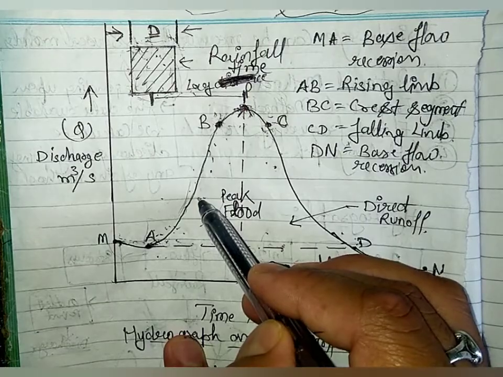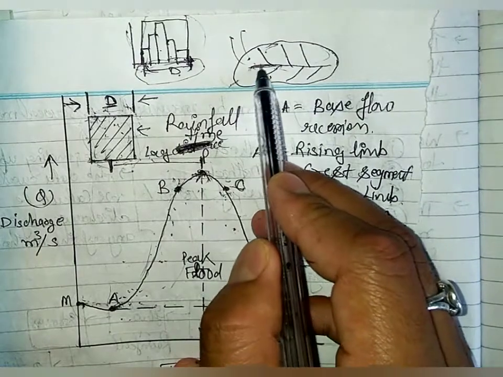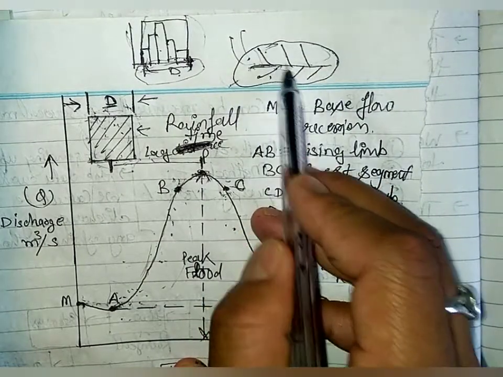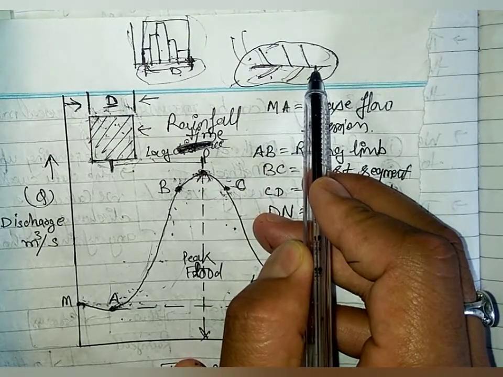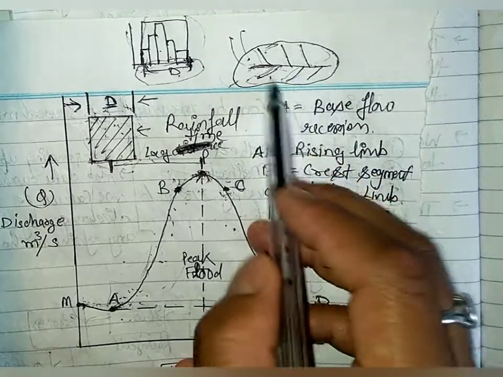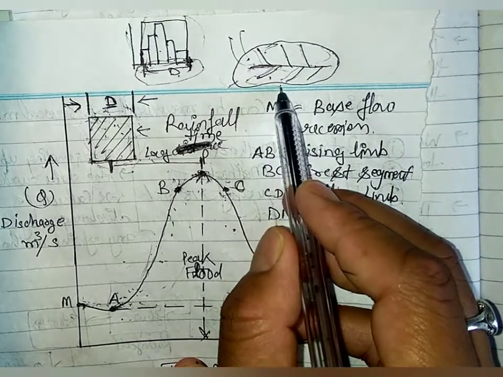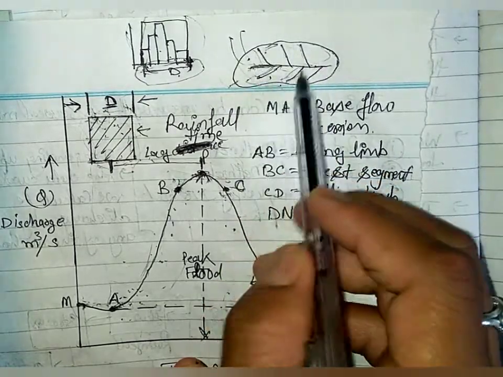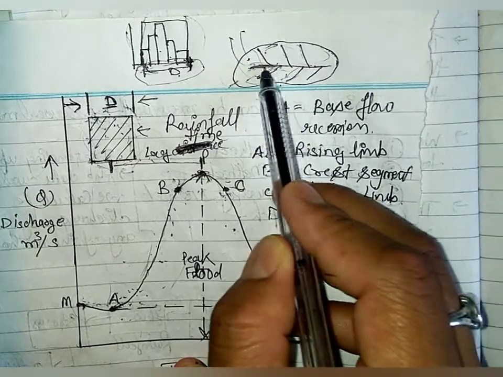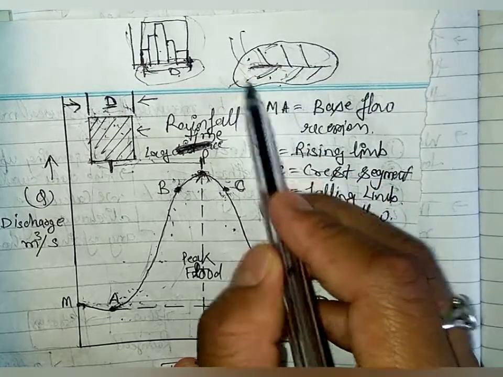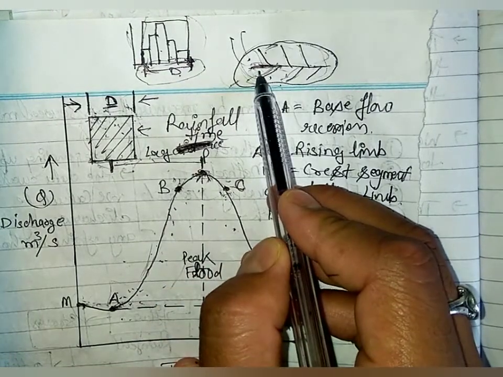Now let us take this here. This is a catchment, this is your stream, and these are the contributing streams. When the initial losses and infiltration losses are made during the earlier period of the storm, it causes the discharge in the stream to rise rather slowly in the initial period when the rainfall is just occurring.